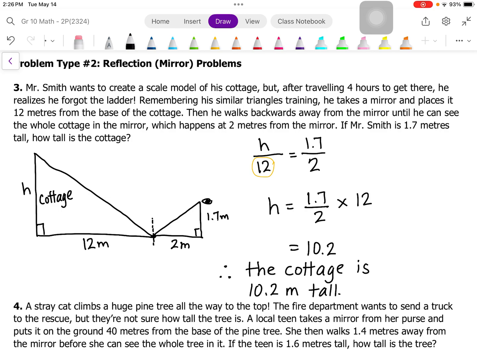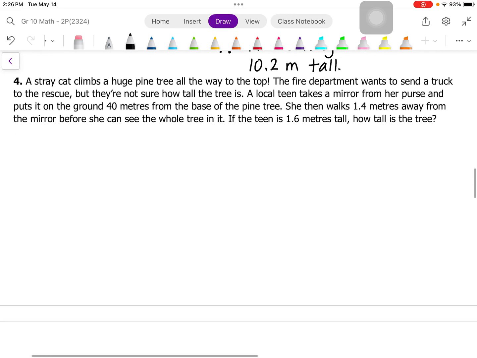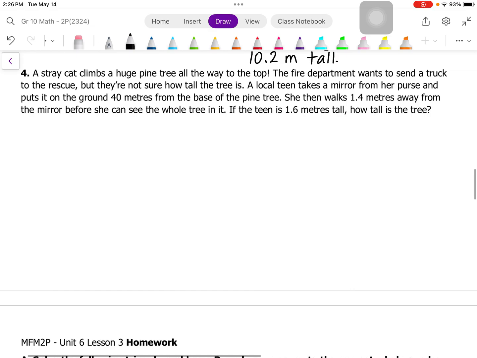Okay, we'll do one more question like that. So we have a stray cat climbs a huge pine tree all the way to the top. So we have a tree here. The fire department wants to send a truck to the rescue, but they're not sure how tall the tree is. So a local teen takes a mirror from her purse and puts it on the ground 40 meters away from the tree.